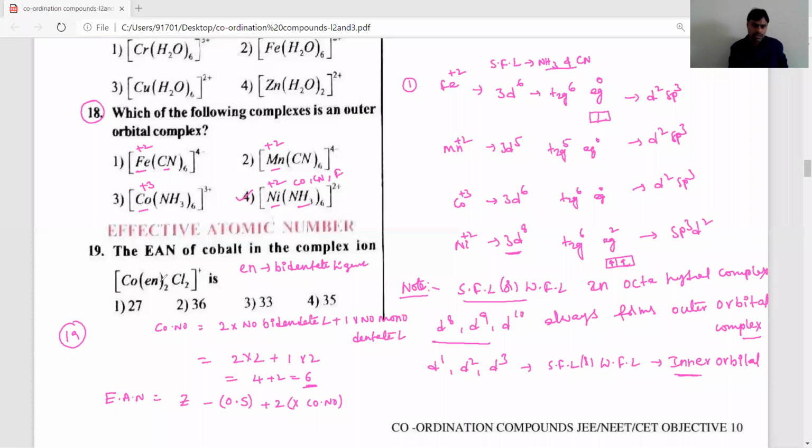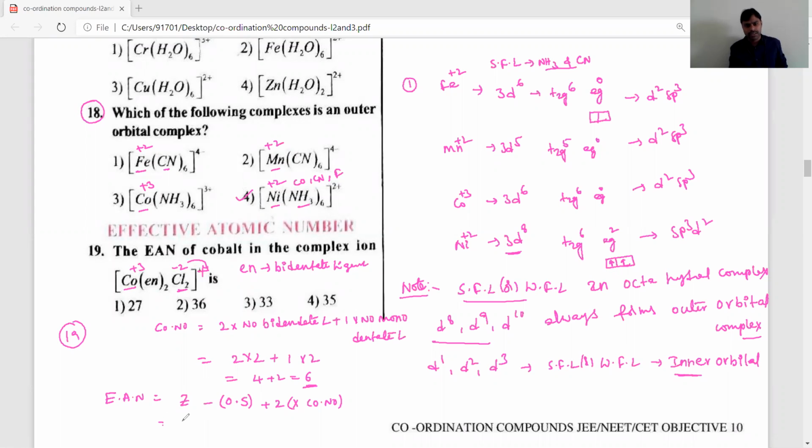Here the complex has a plus charge, then Cl minus 2 goes to the right side, so the cobalt oxidation number is plus 3.